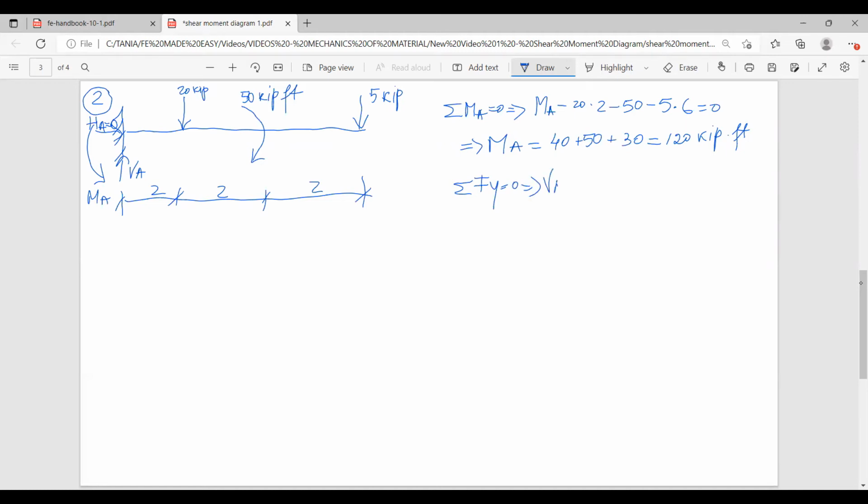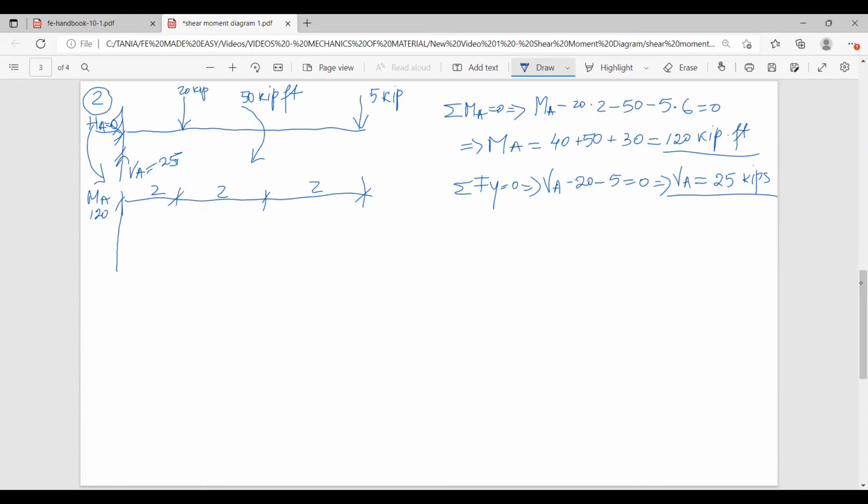And here we have VA minus 20 minus 5 equals 0. Results, VA equals to 25 kips. So this is 25 and MA equals to 120.